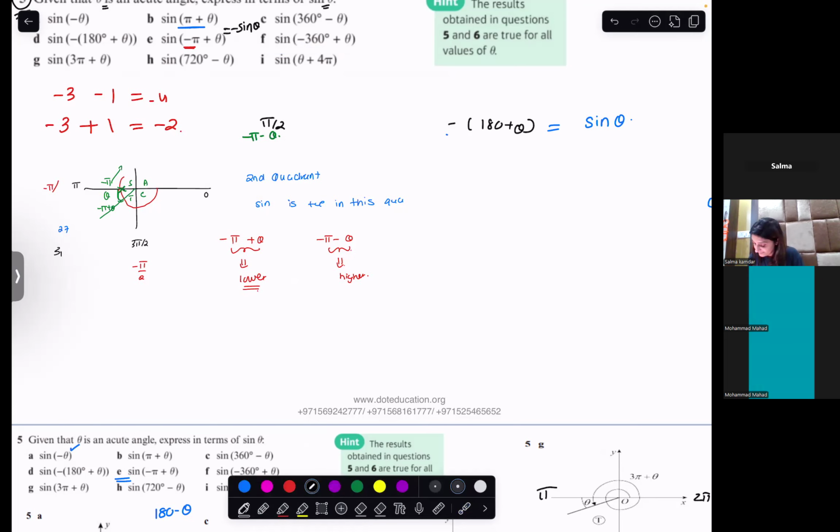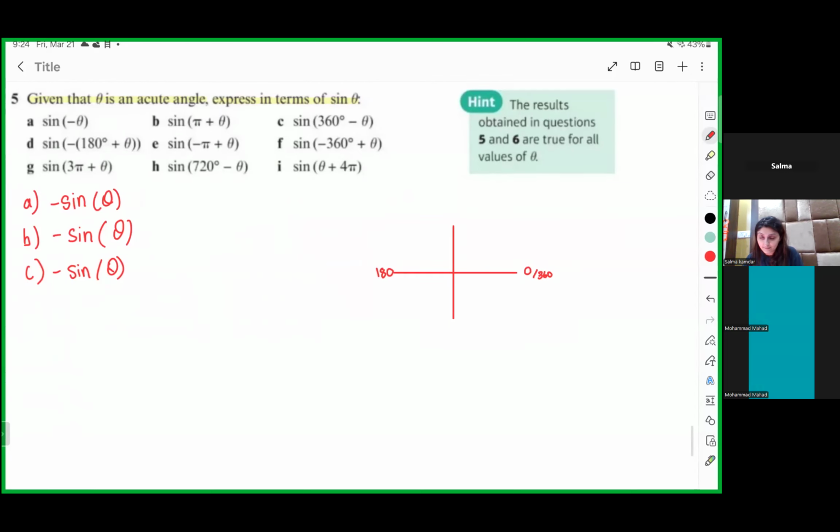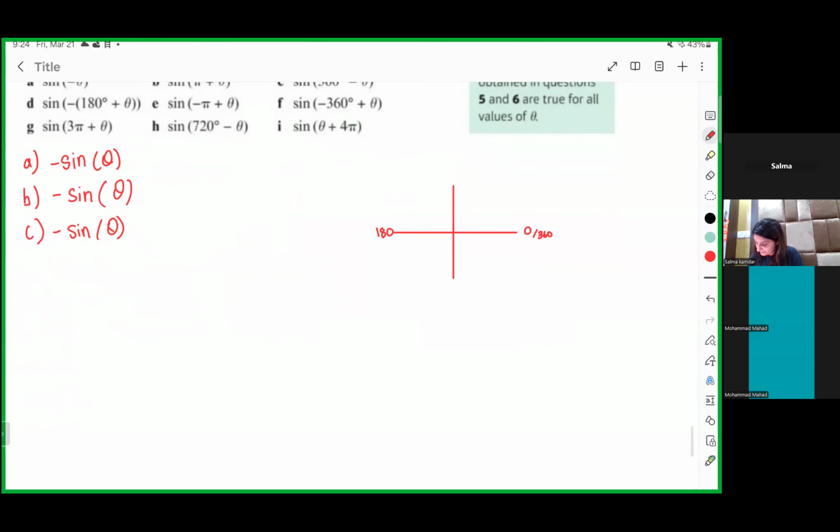Sine of minus 360 plus theta. I'll switch to your screen, okay? I'll see what you're doing. I'm waiting for you to do it.